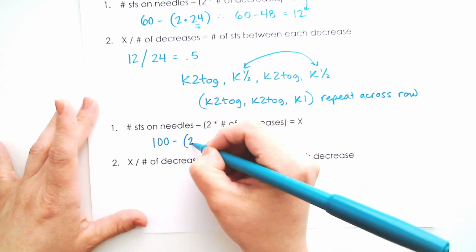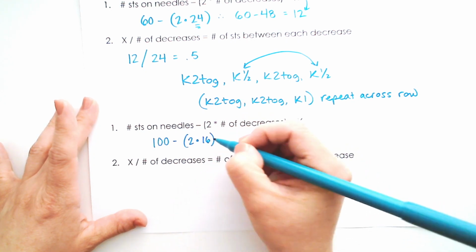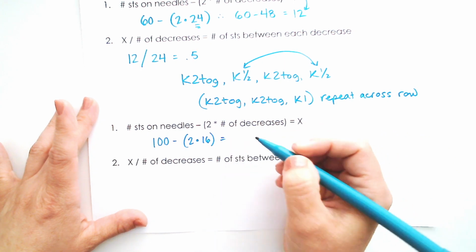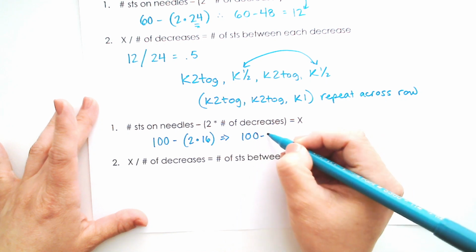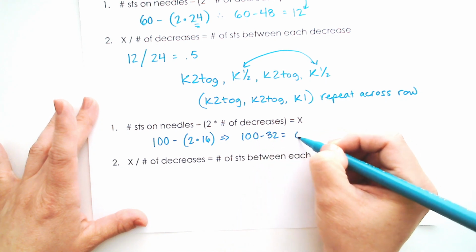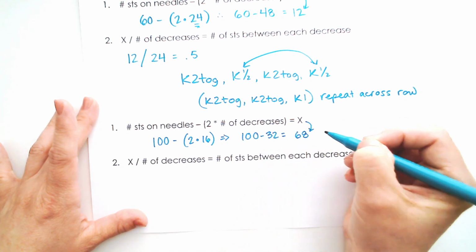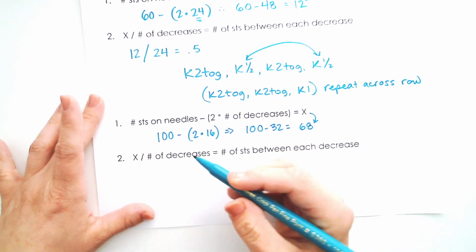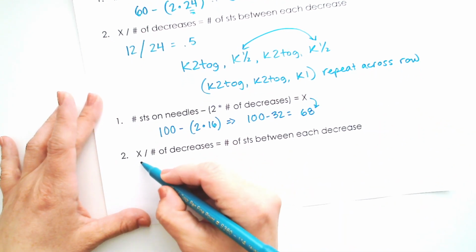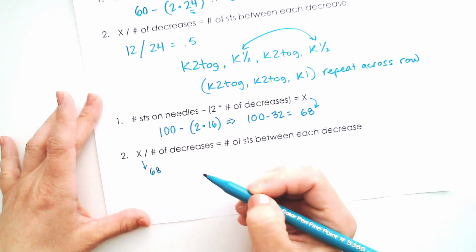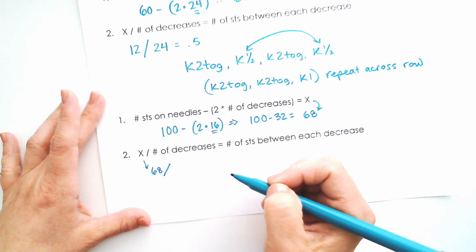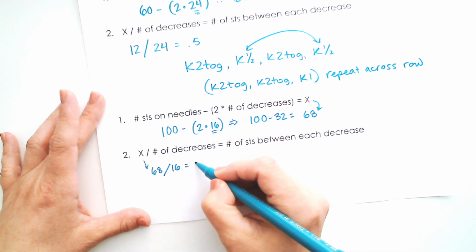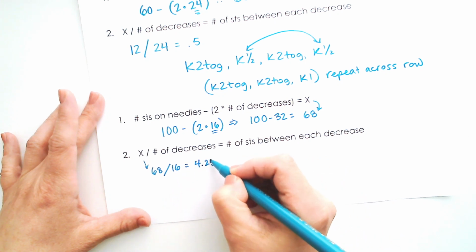So 2 times 16 equals, or changes to, 100 minus 32 equals 68, where x is 68. So we're going to put that down here. X, so 68, divided by the number of decreases, in this case 16, equals 4.25.